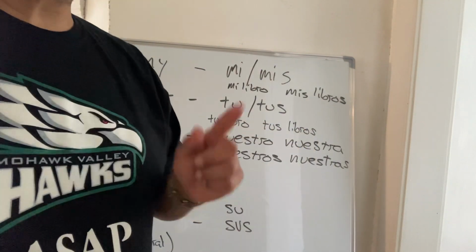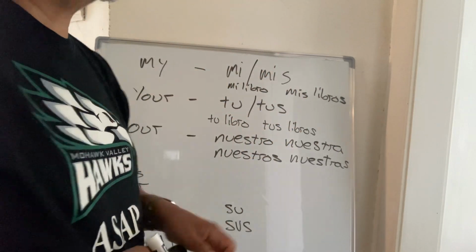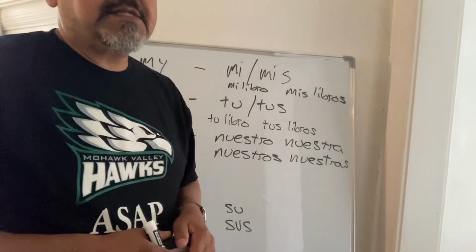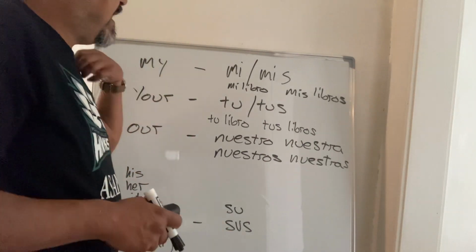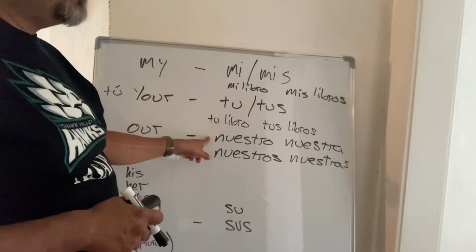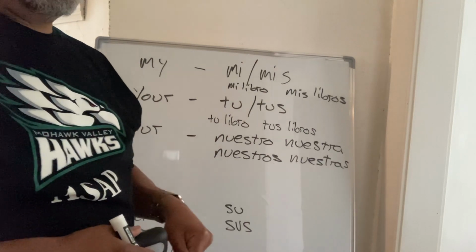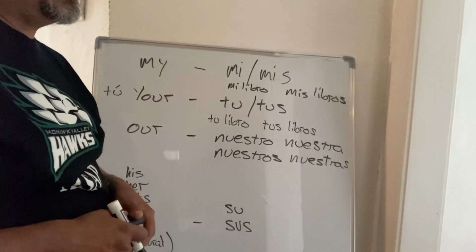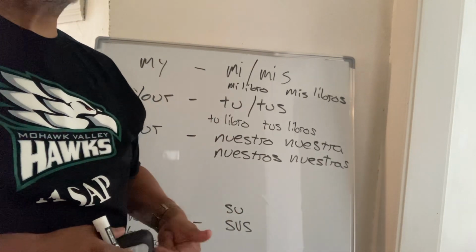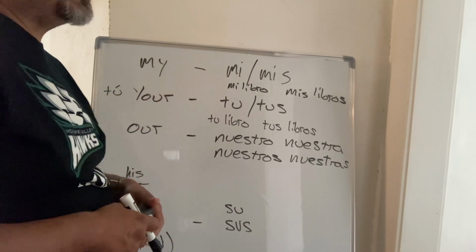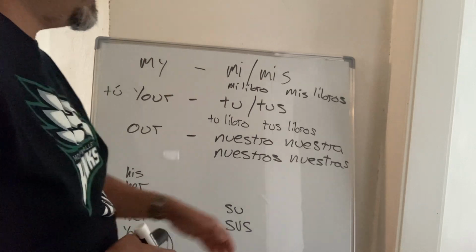But it is not whether the speaker or the owner is masculine or feminine, it's whether the object is. So you can say, nuestro libro, our book, if you and your best friend are sharing a book. Now, if it's two girls sharing a book, it's still nuestro libro, because the book is masculine.